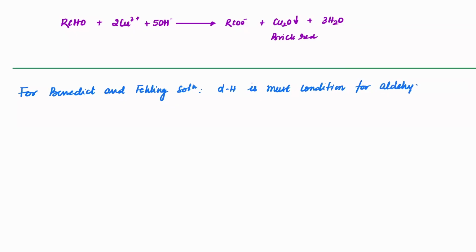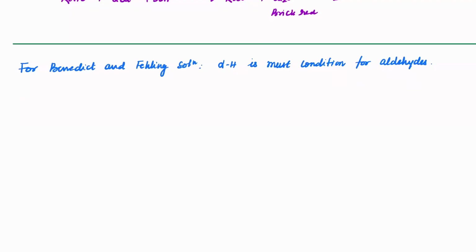When we are talking about the oxidation of aldehydes, alpha hydrogen must be present. Therefore, if you have benzaldehyde or if you have glyoxal, they will give you negative test with Fehling's reagent or Benedict reagent. So both will give you negative test. Got it? Fehling's and Benedict will give negative test.